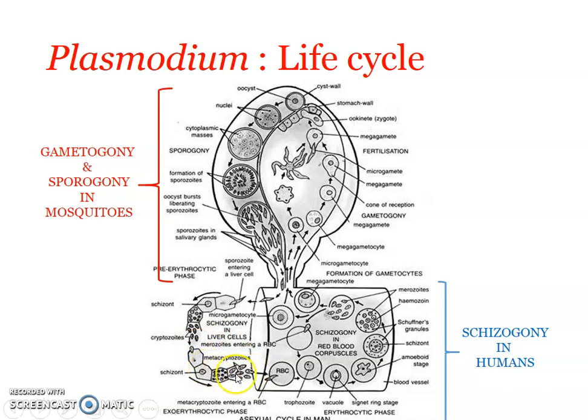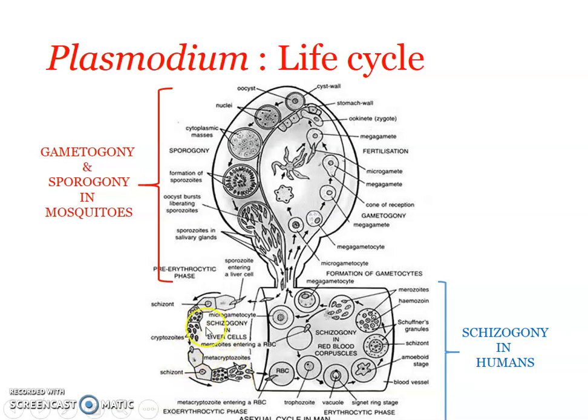Okay, all these succeeding schizogonic divisions are referred to as exoerythrocytic phase. So the whole phase is known as exoerythrocytic phase. The exoerythrocytic phase of the plasmodium remains immune to the resistance of the host.